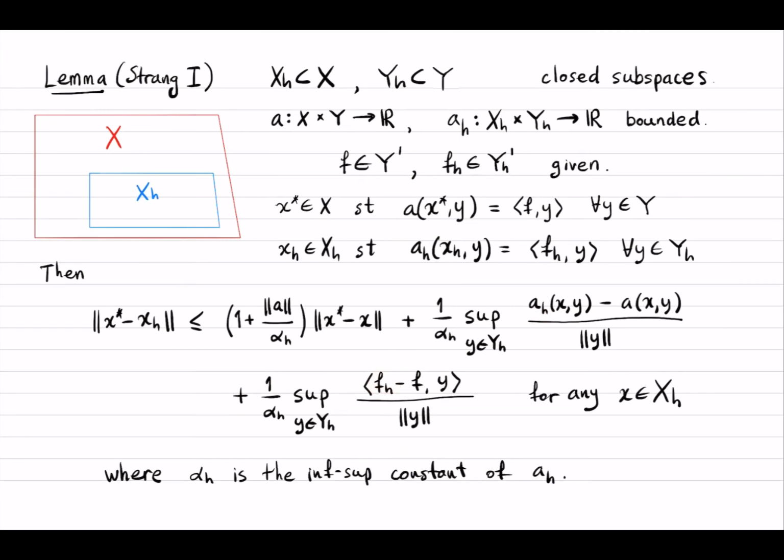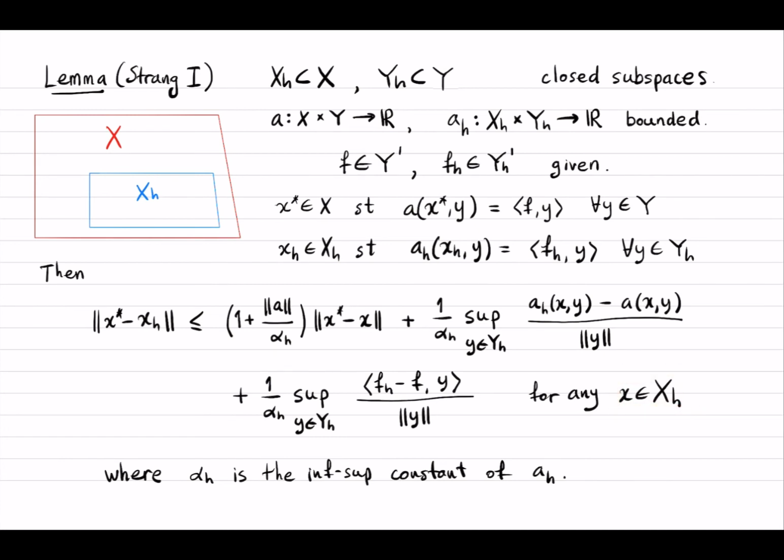So the first term, the Céa's lemma term, has the usual structure. It has a constant that depends on the continuity constant of the continuous bilinear form A and the inf-sup constant of the discrete bilinear form A_H, multiplied by the exact solution x star minus an arbitrary element of the finite element space X_H. So that means there is an infimum in front, actually over the finite element space X_H.